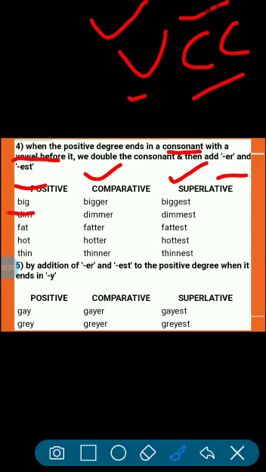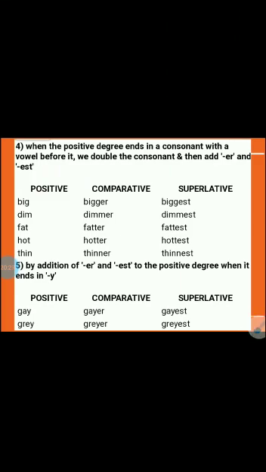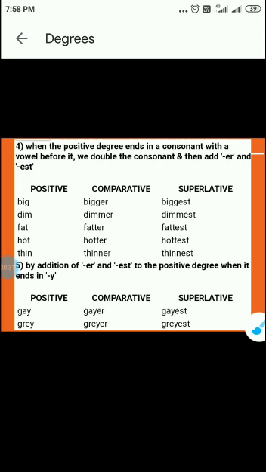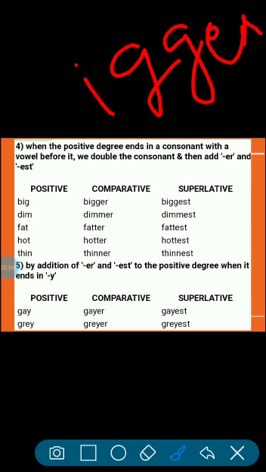So look at it. Big. Last one is G, and before G is I. So to make comparative or superlative form of this word big, we have to double the consonant. Double the consonant means double the last letter G. Then simply add ER to make comparative form and EST to make the superlative form.